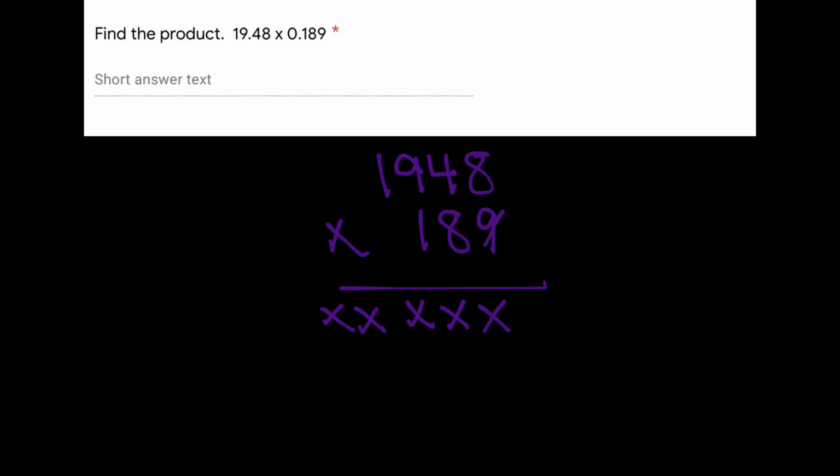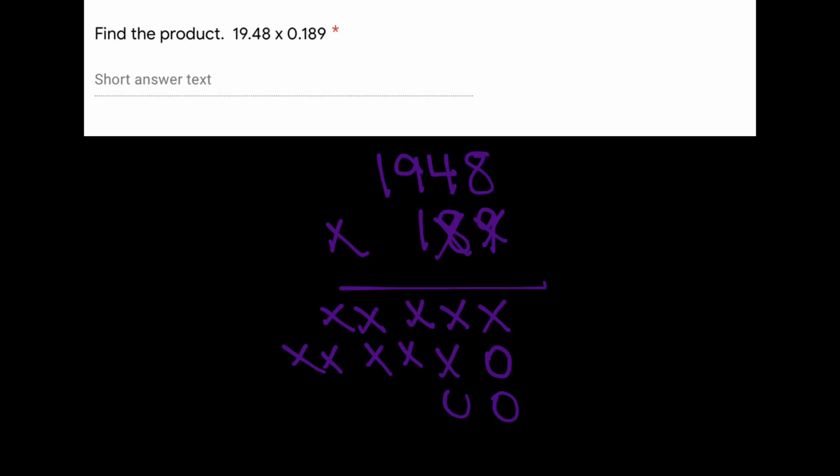You will then cross this one off and put a 0, and you will then multiply your 1948 times an 8. You will get this many digits, and then cross it off.